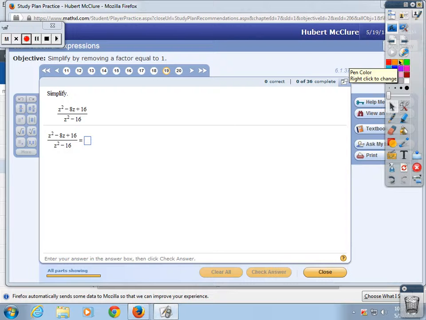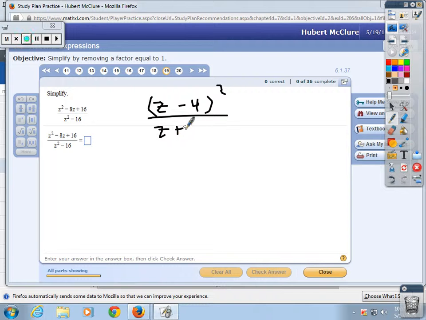That's shortcut number 3. Z minus 4 squared over Z plus 4, Z minus 4. So that's Z minus 4 over Z plus 4.